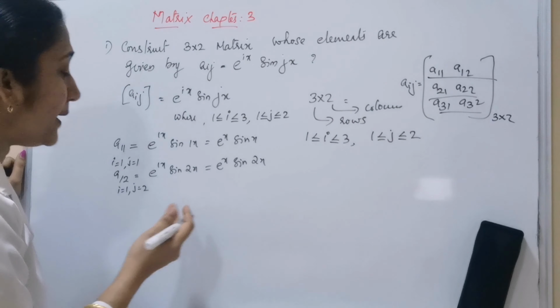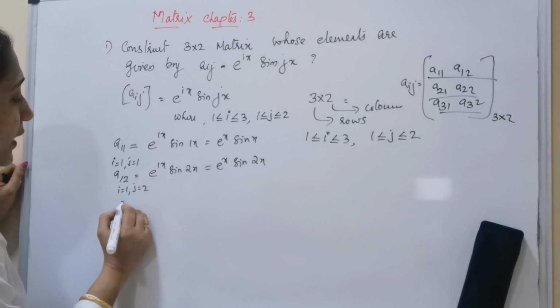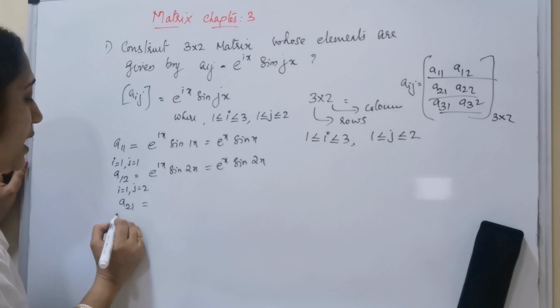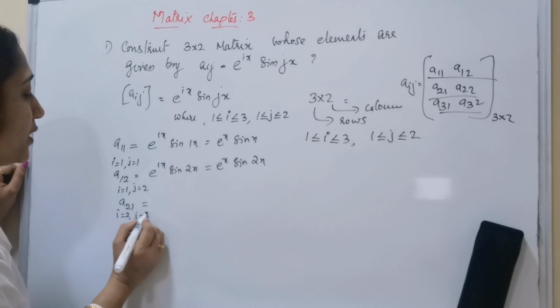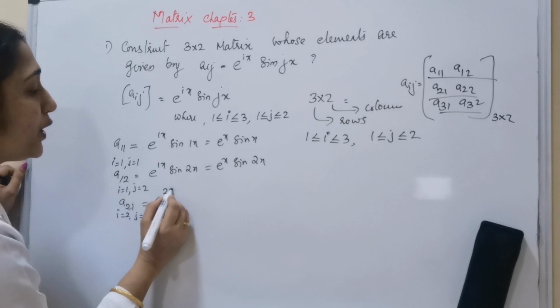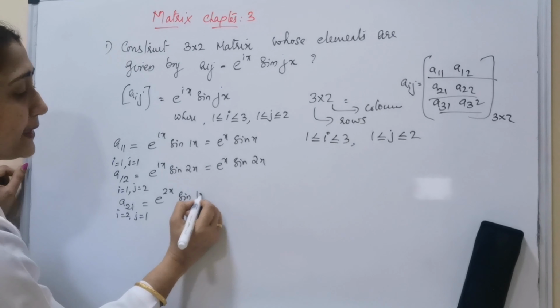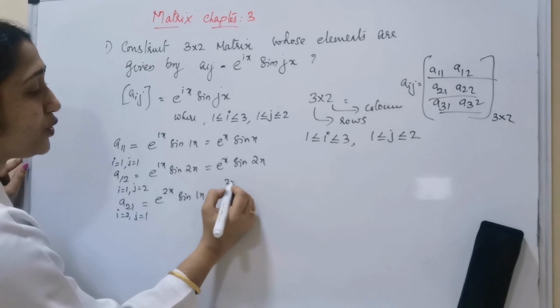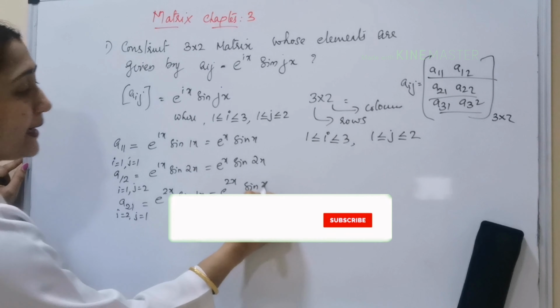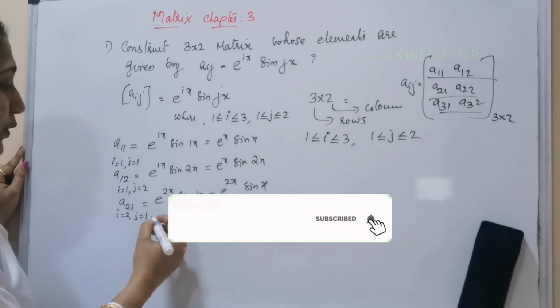It is very easy. Next A21, where i is equal to 2, j is equal to 1: e raised to 2x sin 1x, that is equal to e raised to 2x sin x.